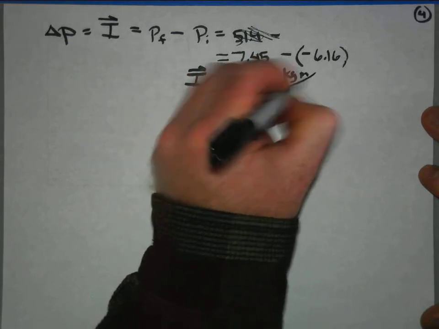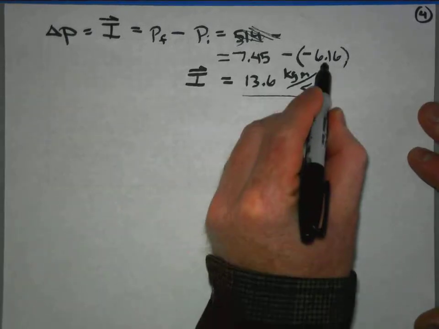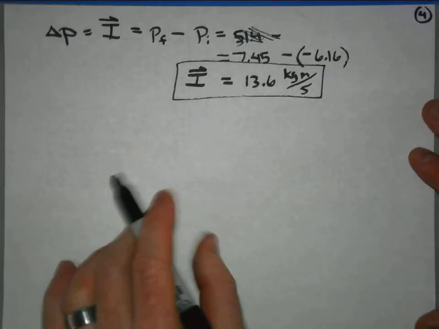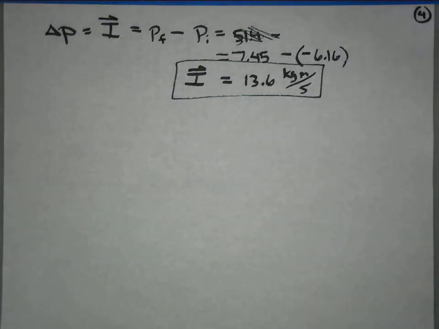kilogram meters per second. So that's quite easily going to be a question you'll have to answer. What is the impulse acting on the ball in this case? That's 13.6 kilogram meters per second. No big issue there. Fair enough.